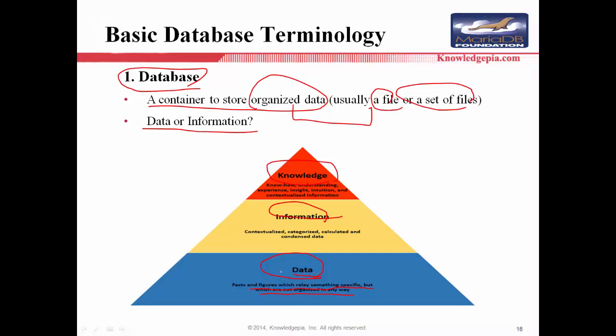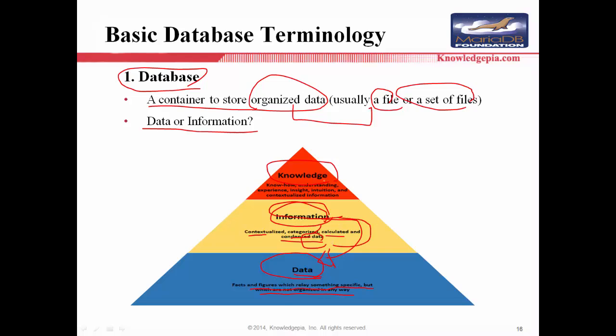To human beings, some data needs to be organized. Normally, we call this kind of thing information. So where does information come from? Data. Information means contextualized, categorized, calculated, and condensed data.